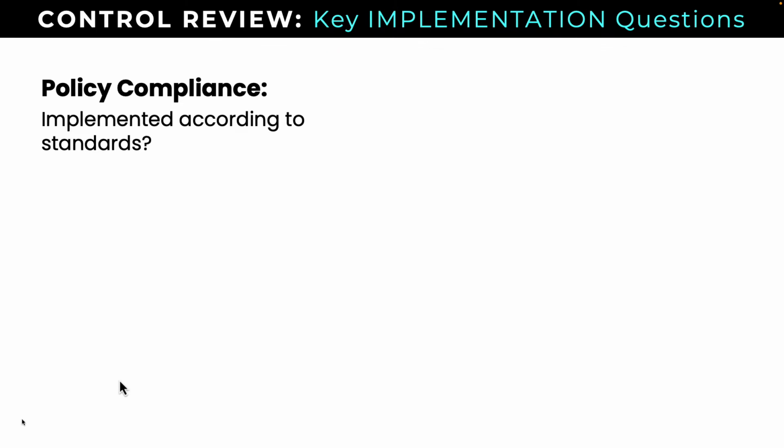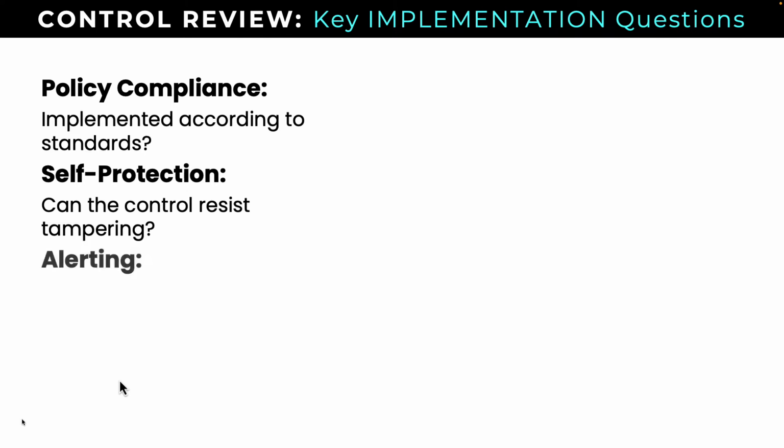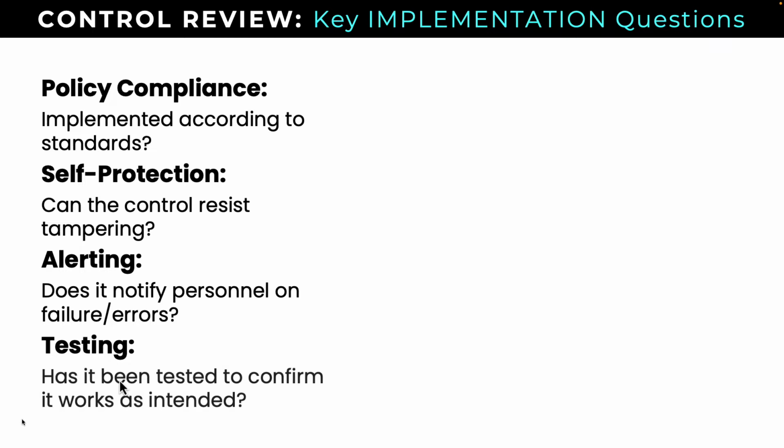So key implementation questions. So there's policy compliance. Have we implemented according to standards? Self-protection. Can the control resist tampering? Alerting. Does it notify personnel on failure or errors? Testing. Has it been tested to confirm it works as intended? Logging and monitoring.